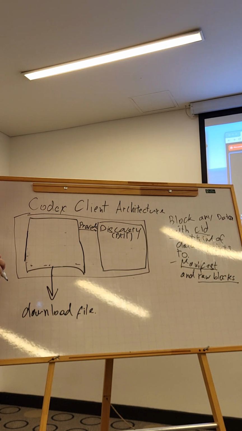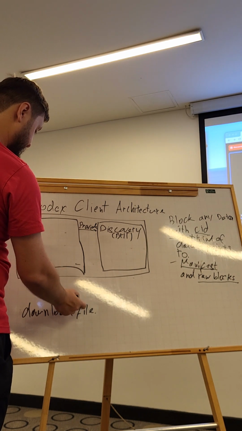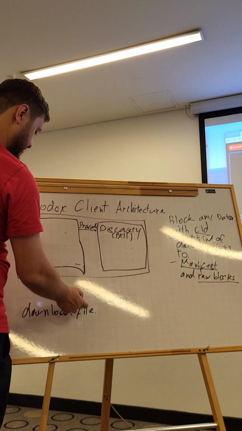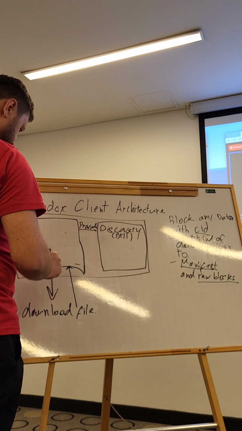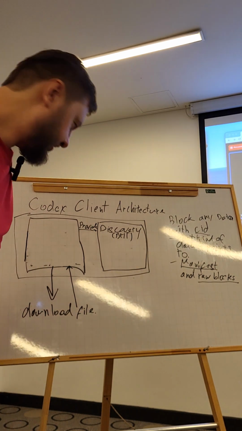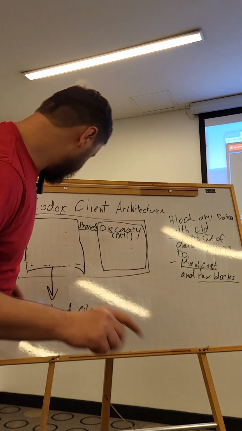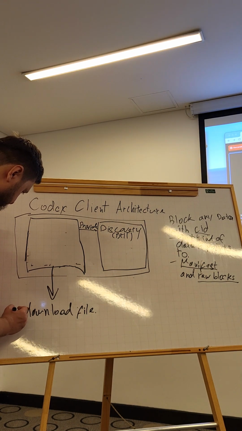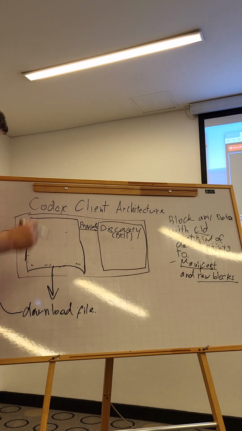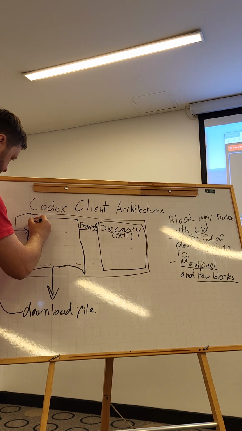So what happens is that I make a request over curl, which goes through the HTTP API. It gets to the client, and maybe I draw a different arrow. Maybe that's going to be easier to read if I do it like this. So, download a file. I provide a CID in the HTTP request, right?